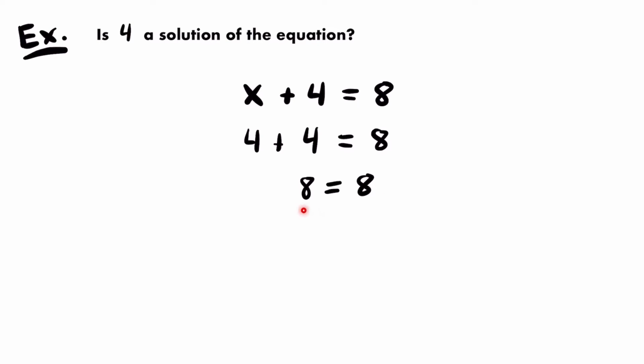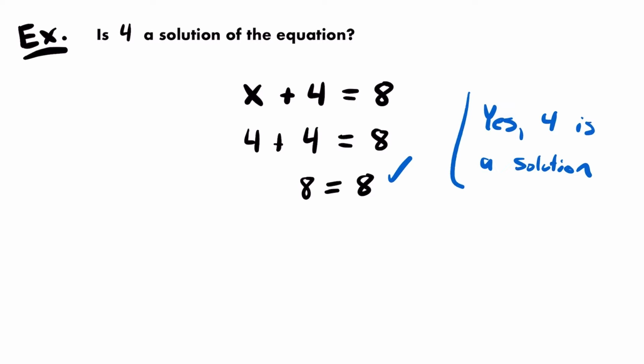Since both sides of the equation are 8, we have 8 equals 8. That is a true statement, which means that 4 is a solution to this equation. So our final answer here is that yes, 4 is a solution to the equation.